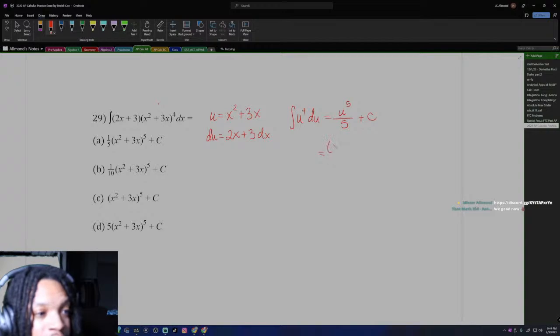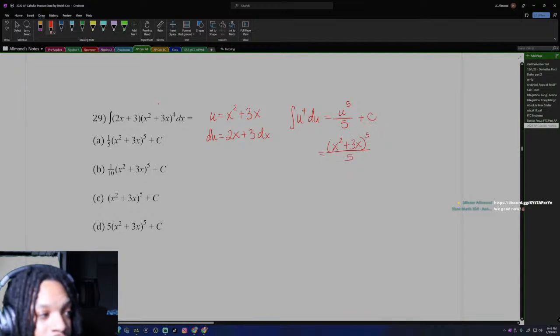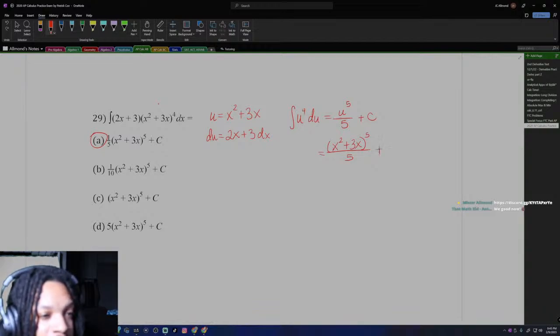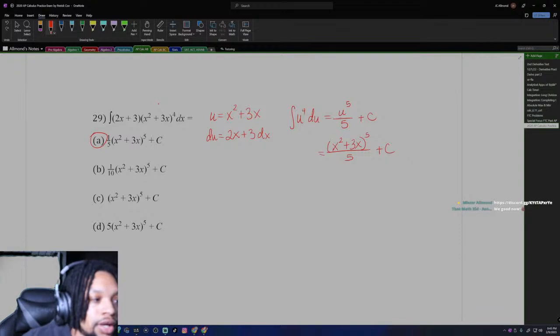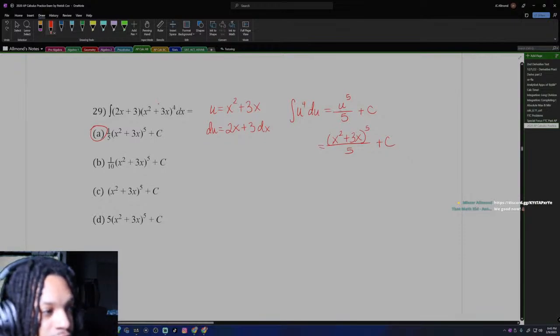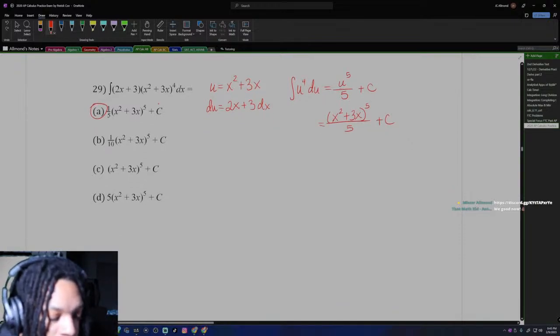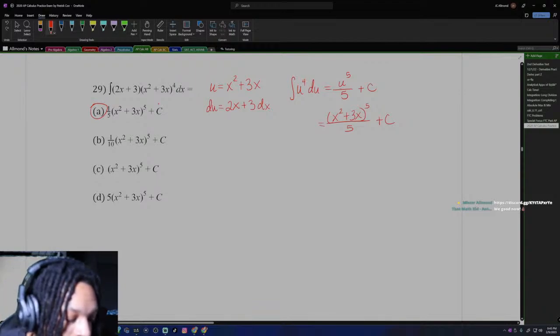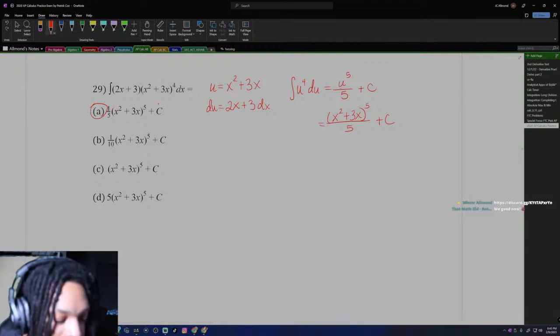U we said was x squared plus 3x, so it's x squared plus 3x to the 5th over 5, which looks like A. Oh, I forgot the plus c. Even though this wasn't an FTC one, we still did it anyway. If you take my class, this is like 6.9, I want to say.